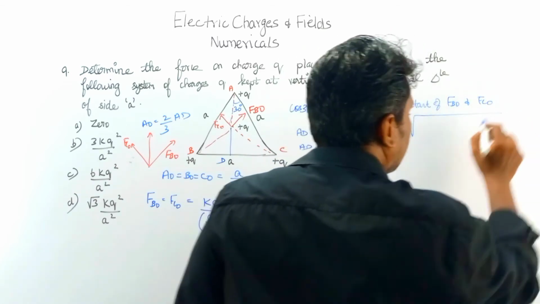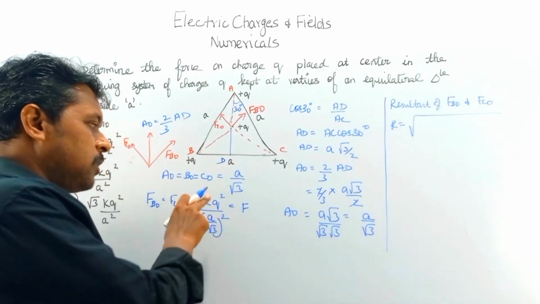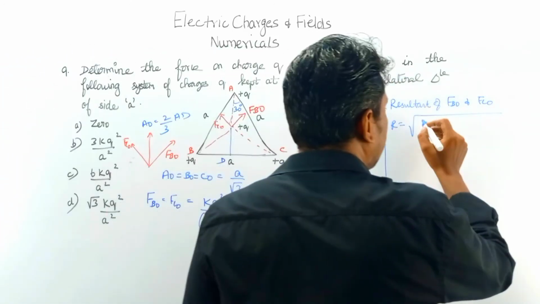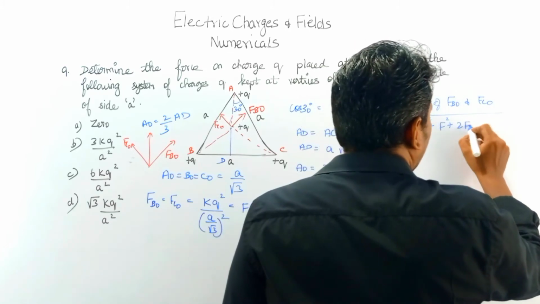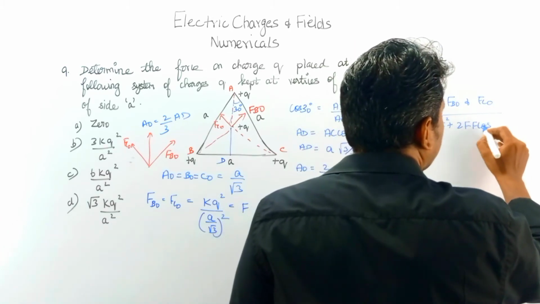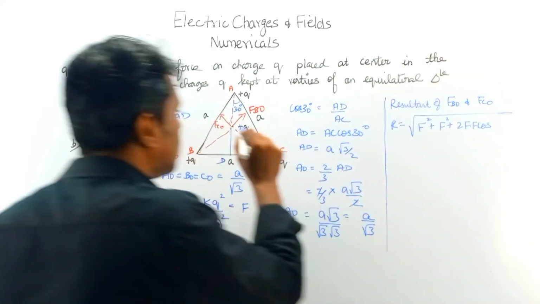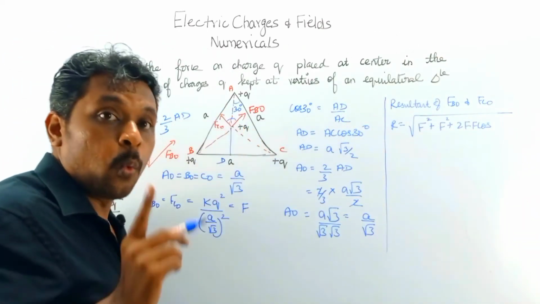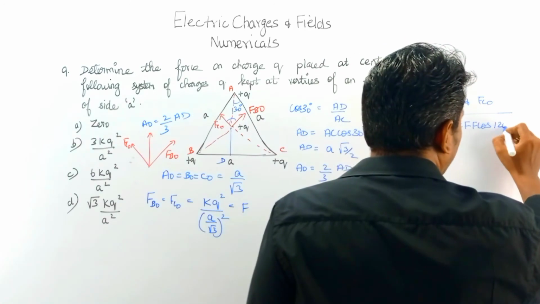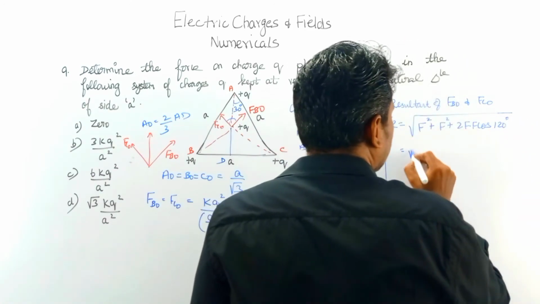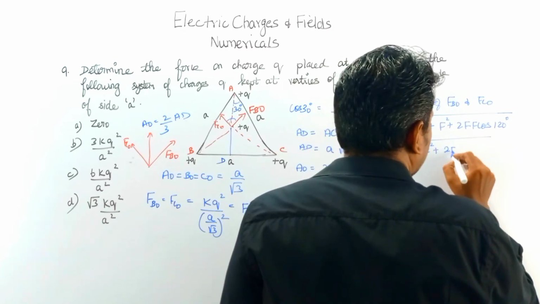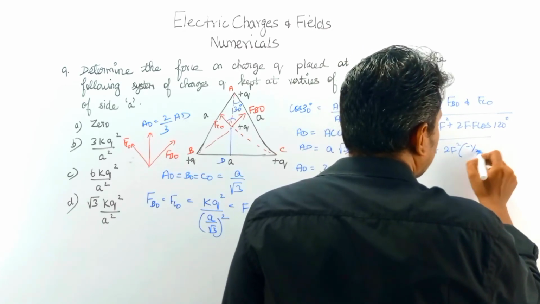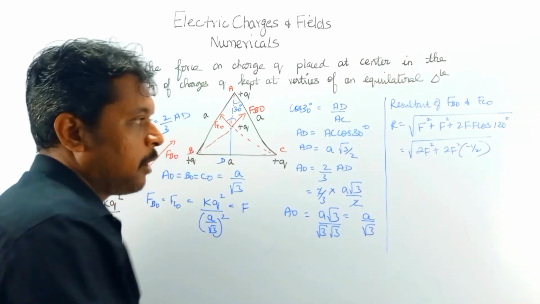By the parallelogram law of forces, we have named this force as F. So the resultant is equal to the square root of F square plus F square plus 2 F dot F cos theta. The angle between these two forces is 120 degrees. So we get 2F square plus 2F square times cos 120, which is minus 1 by 2.